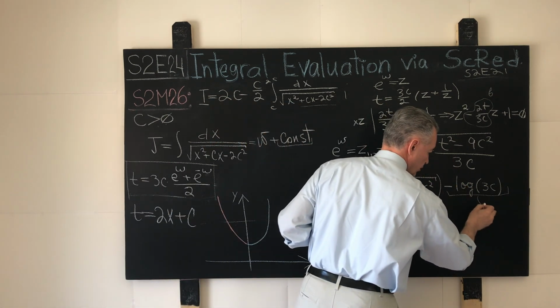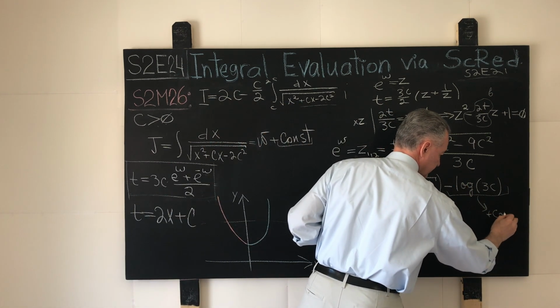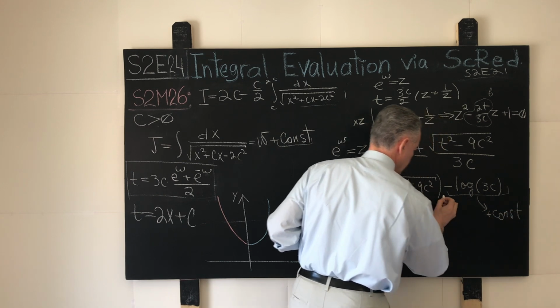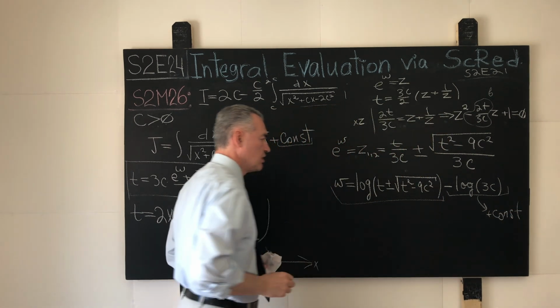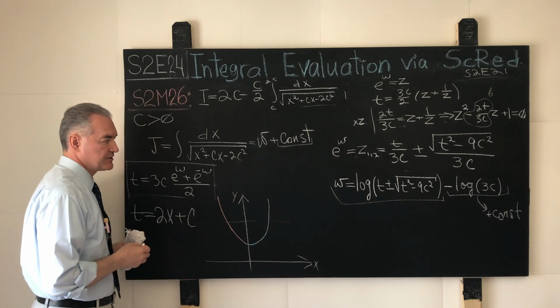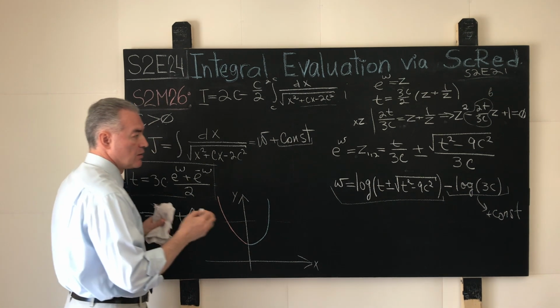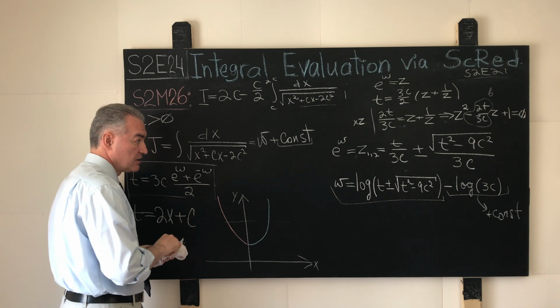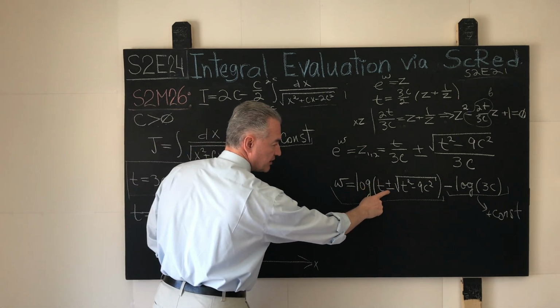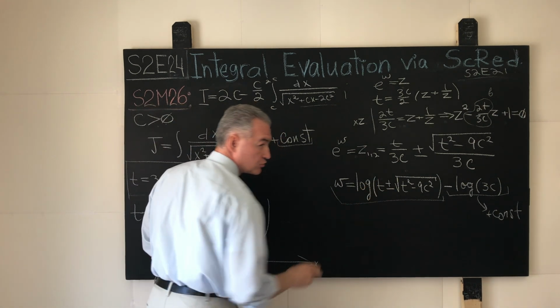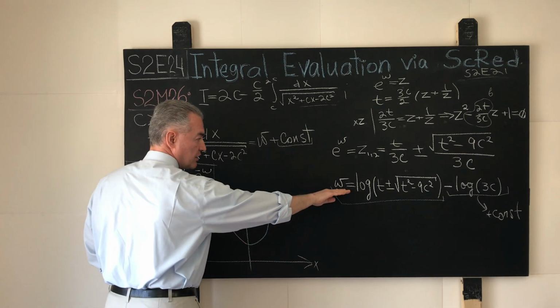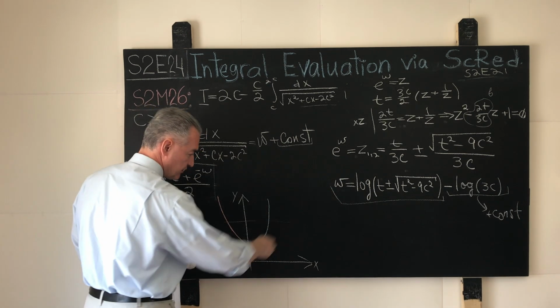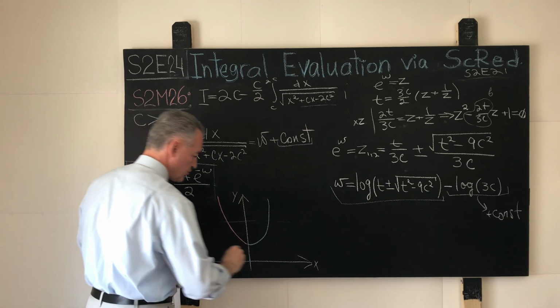This goes into the plus a constant, and essentially the substantial answer in this case is this. And what do we have here? Precisely, we will have the two signs, plus and minus. This will correspond to two branches of our inverse function. One branch reflected in the line will run which way?